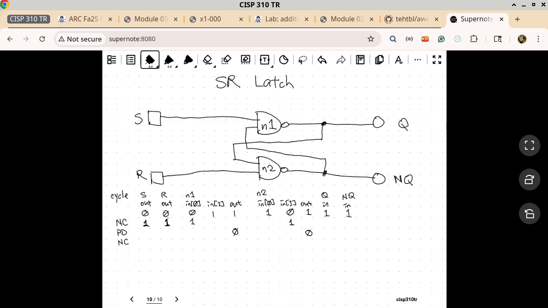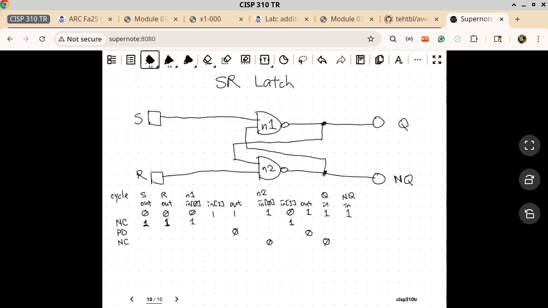So Q is also going to change to a 0 on the NC row. At the same time, there's a little tap here, but it's essentially logically the same node. So it also goes to the first input of N2. That's kind of interesting, because now this is also changed to a 0. And then we look at the output of N2, it goes to NQ, and the output of N2 just changed from a 1 to a 0.